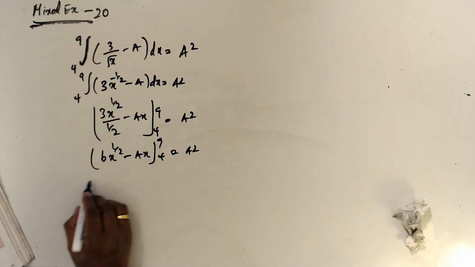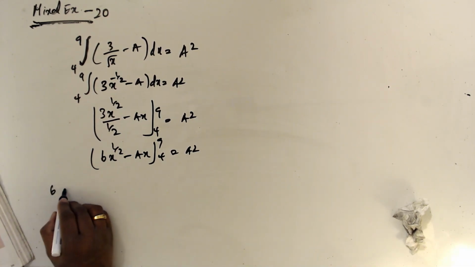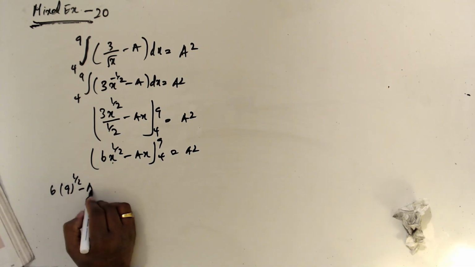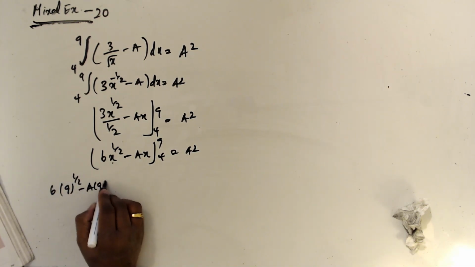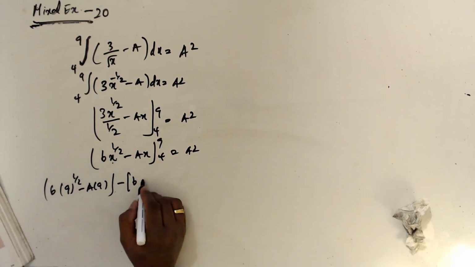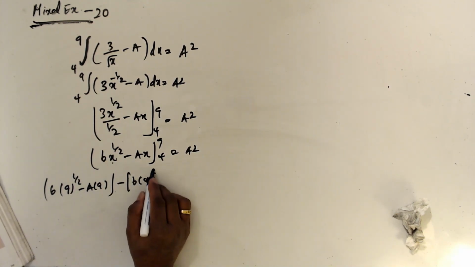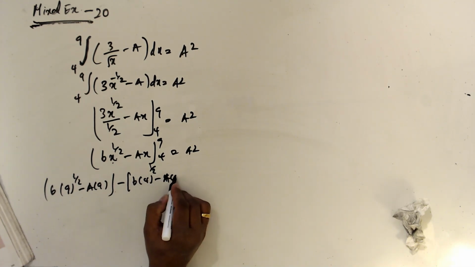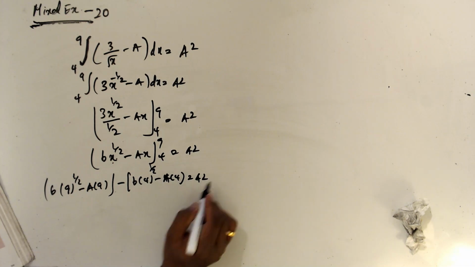So this is going to be 6 times 9 to the power half minus 9a, minus 6 times 4 to the power half minus 4a, equals a square.